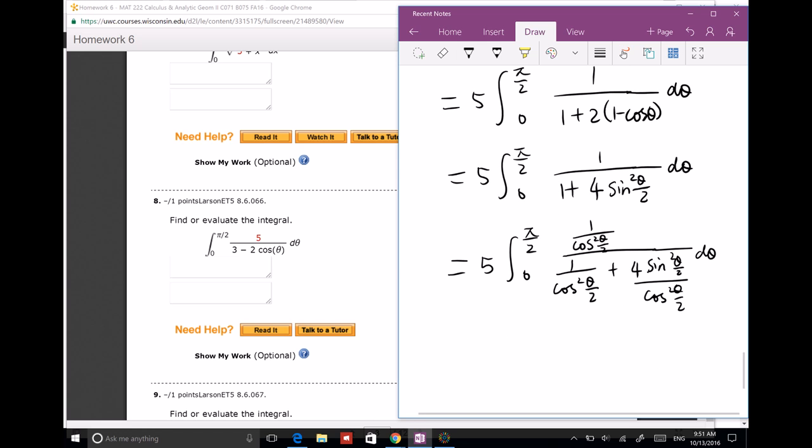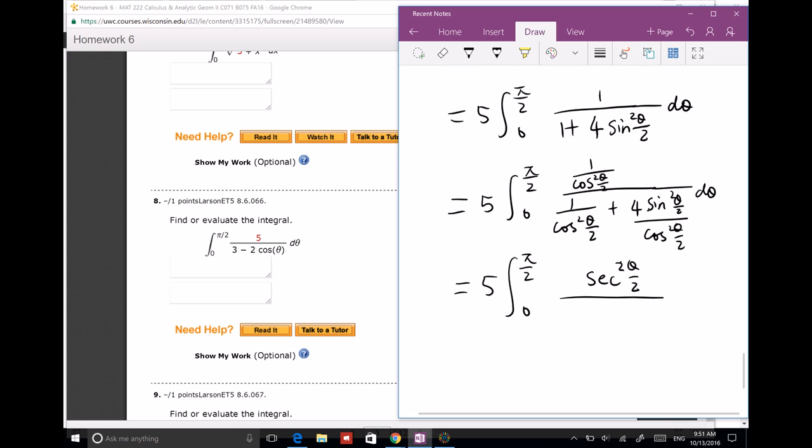What you do here, you got 5 times the integral from 0 to pi over 2. The top is secant squared of theta over 2. The bottom is secant squared of theta over 2 plus 4 tangent squared of theta over 2, d theta.